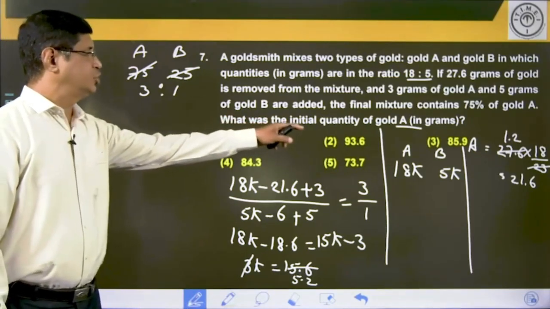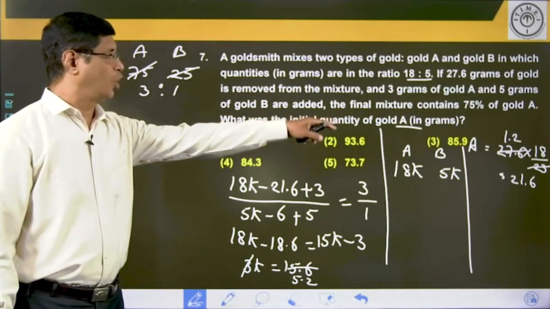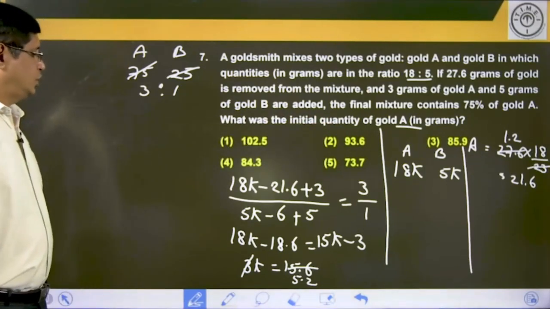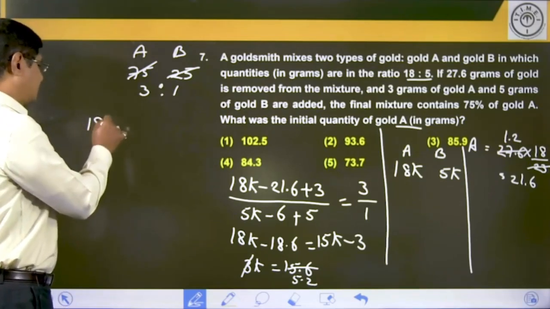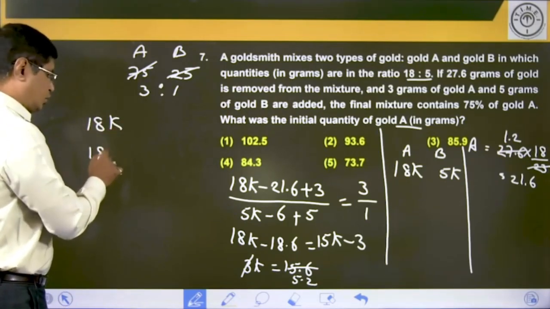Now, what was the initial quantity of gold A? Initial quantity of gold A is 18K, where K value is equal to 5.2.